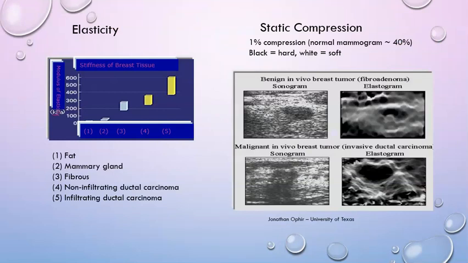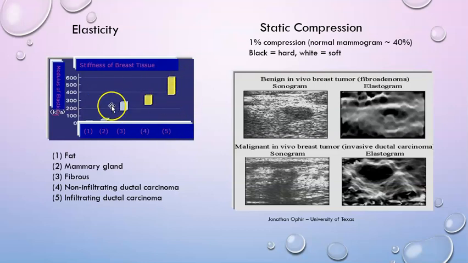But when we do strain imaging, we find out that it does show us elasticity or stiffness of tissue. And so if we look at the elasticity, we see that things that are very elastic, very compressible, like fat, mammary glands, fibrous tissue, will show up in the very low range of how hard it is. And then things like carcinomas show up in the high range.